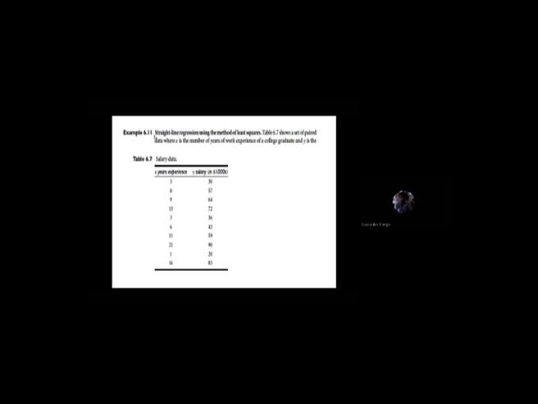Our problem is to find the salary for a person with 10 years of experience. Given this training data, you are going to fit it into your model. Once you fit it, for a person with 10 years of experience, you are expected to predict the salary.